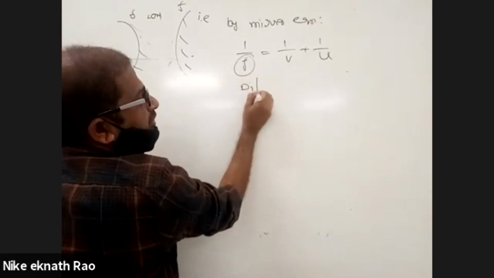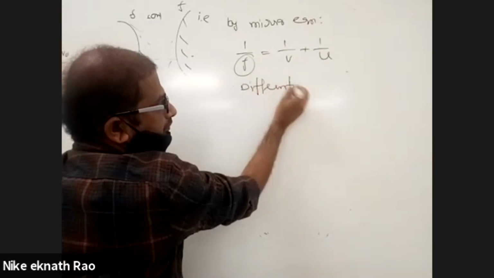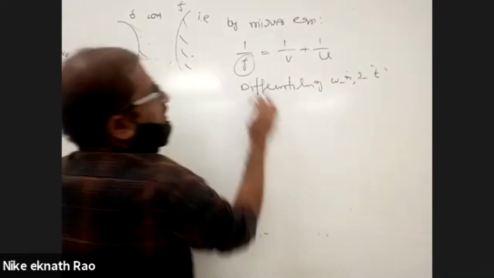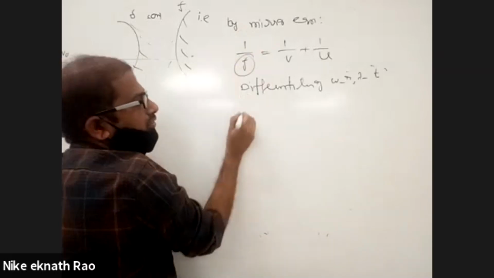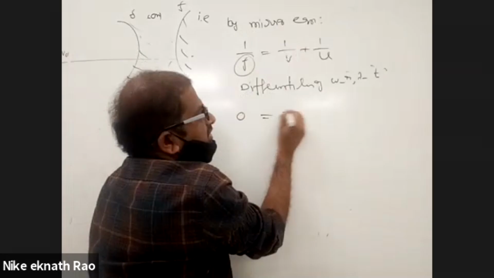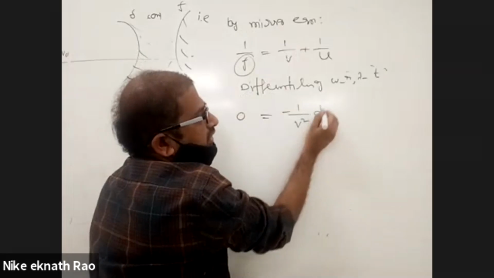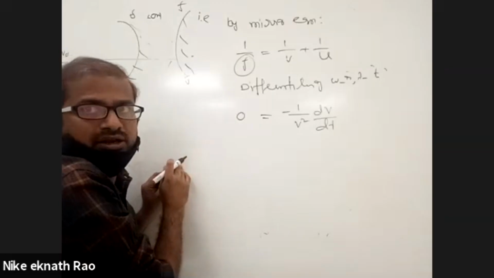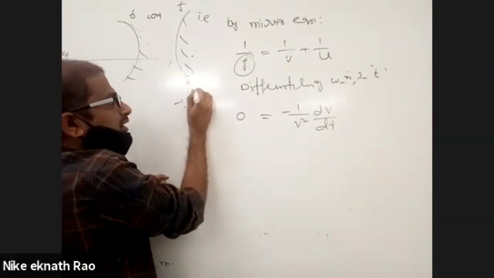Therefore, differentiating the above expression with respect to time. The left side is constant, and differentiation of a constant is 0. 1 by v gives minus 1 by v square dv by dt, because x power n gives n x power n minus 1.